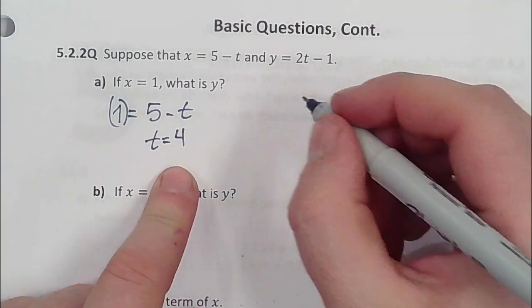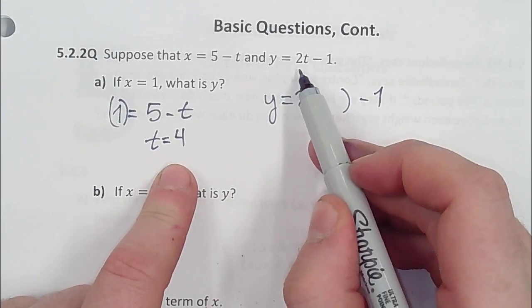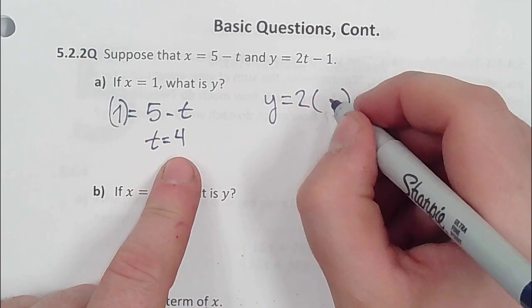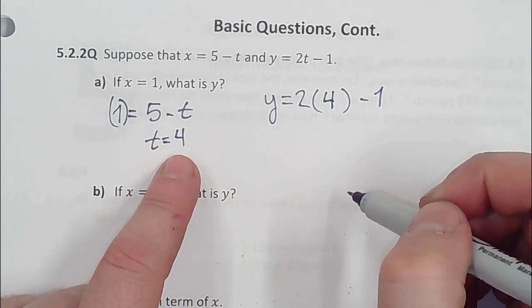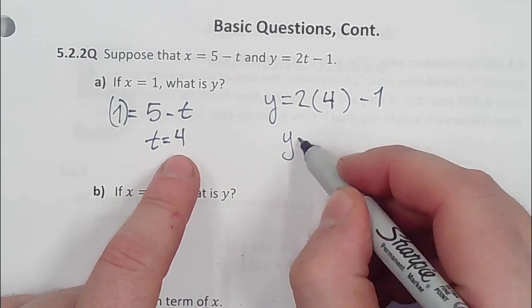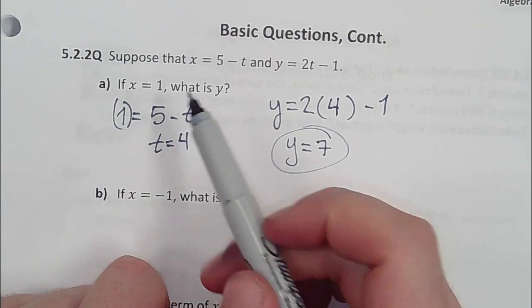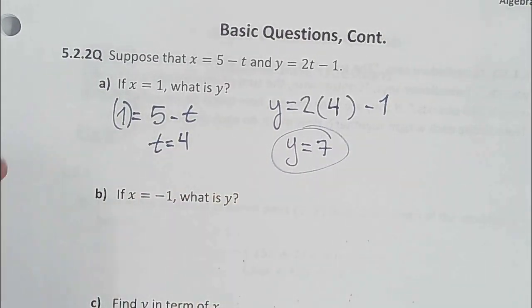And if t is 4, well, I know that y is in terms of t. So if I think about it, y is 2 times t, which is 2 times 4, minus 1. So that's 8 minus 1, meaning y would be 7 when x is 1. So if x is 1, t has to be 4, and if t has to be 4, well, then y has to be 7.